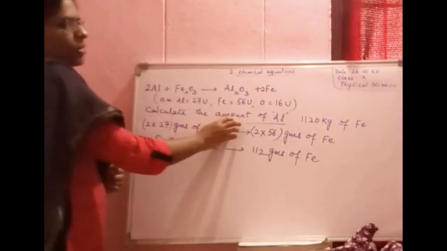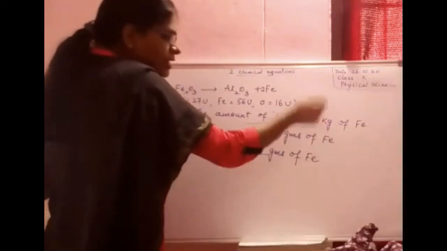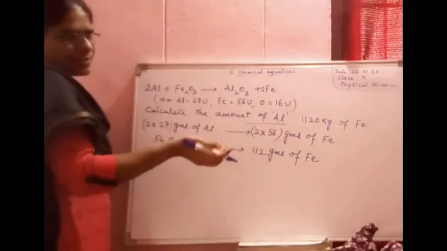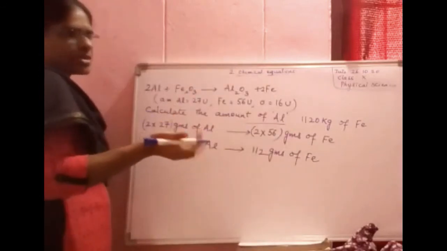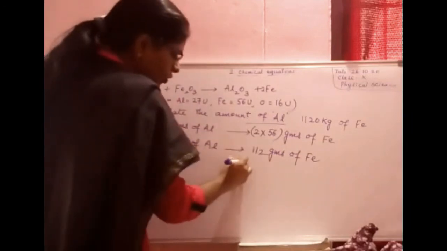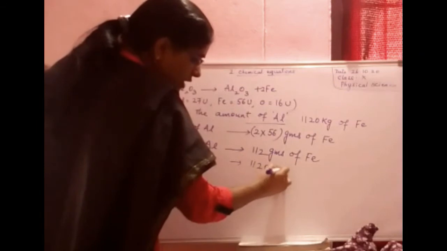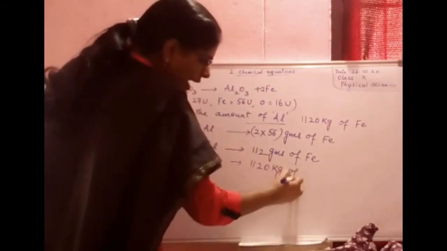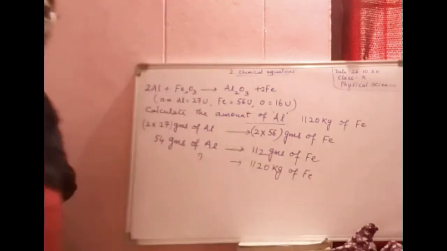But in the problem, we have 1120 kgs of iron. You can convert this into grams, or grams into kgs, your wish. Now, from the problem, 1120 kgs of iron gives how many grams of aluminium?